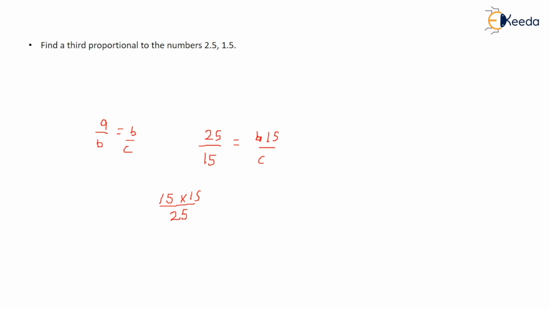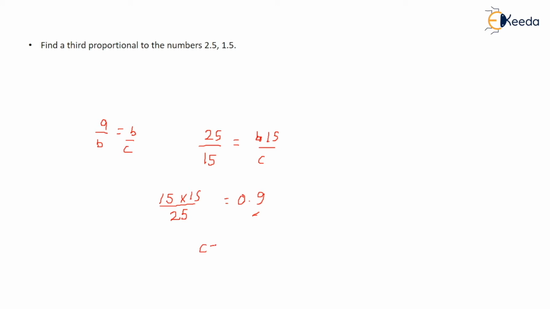So you have to multiply 15 into 15 divided by 25. This comes out to be 9, but as you took the point, you have to take the point one place ahead. 0.9 is the answer.